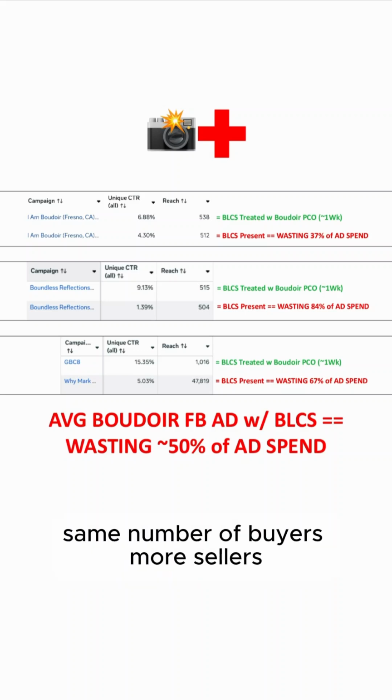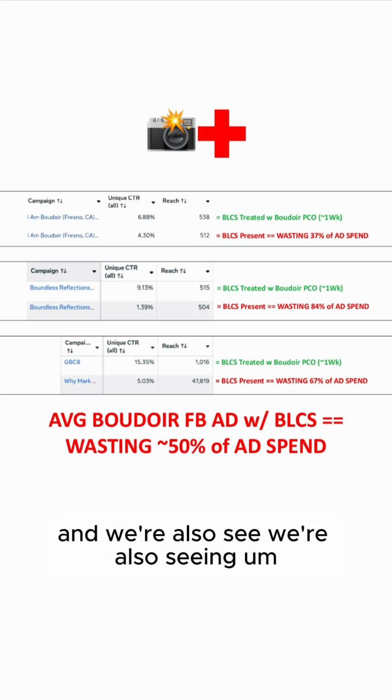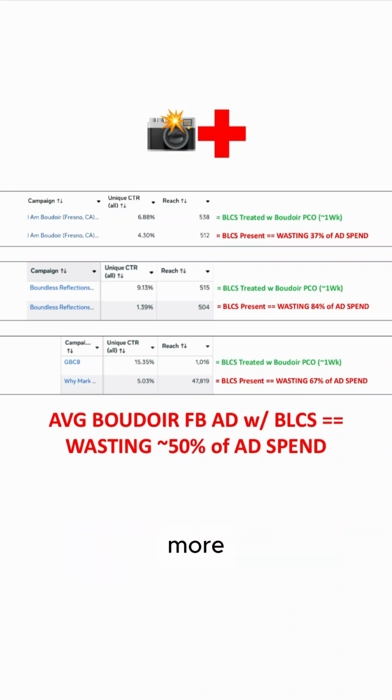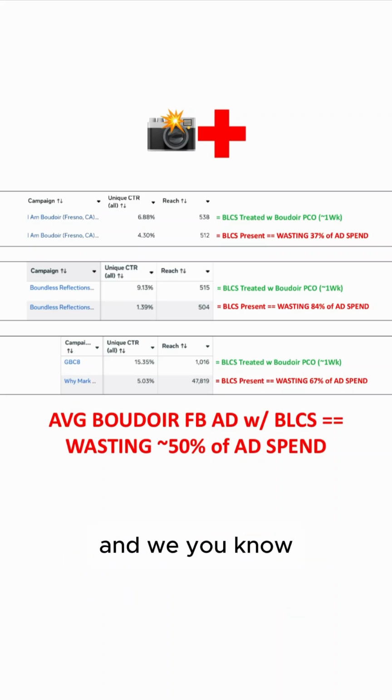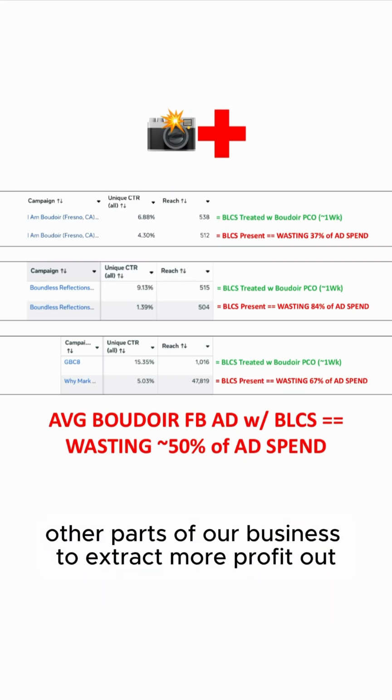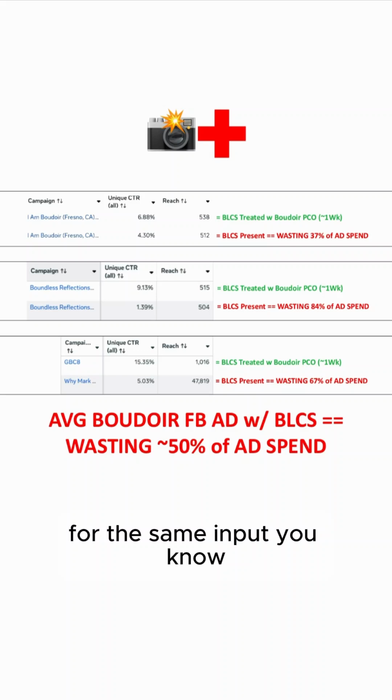Same number of buyers, more sellers, and we're also seeing more inflation, more increasing cost of living, and we've been optimizing other parts of our business to extract more profit out for the same input.